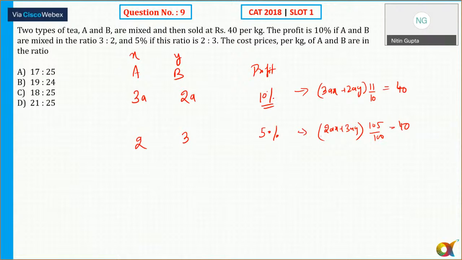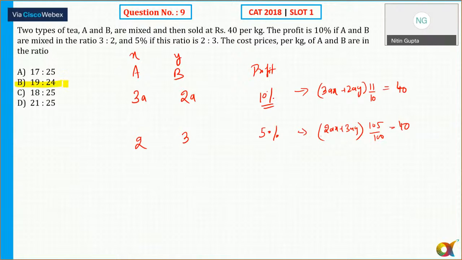What was the answer I told you initially? So this was also doable. Am I audible? If yes, please respond. If you solve these two equations, you can find out the ratio of X is to Y. The answer for this question is most probably option 2, which is 19 is to 24.